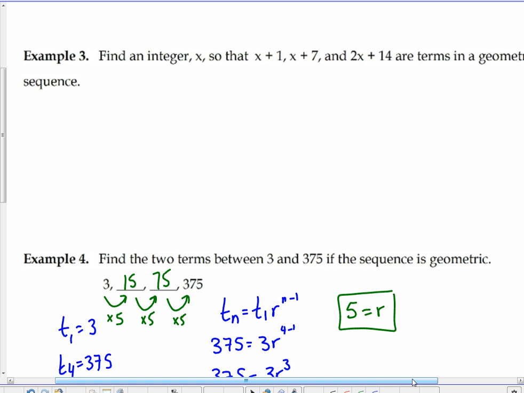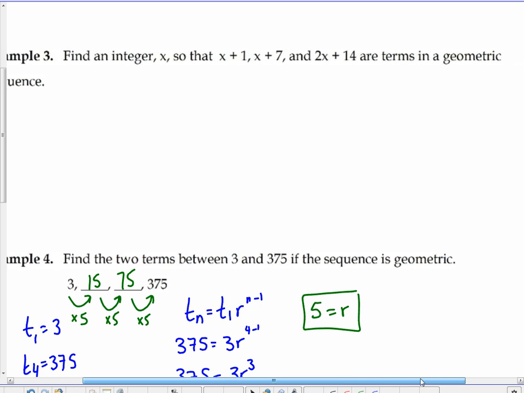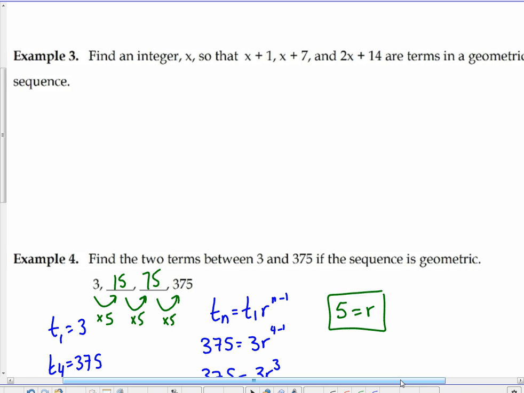Okay, find an integer x. So x plus 1, x plus 7, and 2x plus 4 are terms in a geometric sequence. Remember the questions with the arithmetic? How do we relate the arithmetic ones? If it was arithmetic, how did we relate our 3 terms?